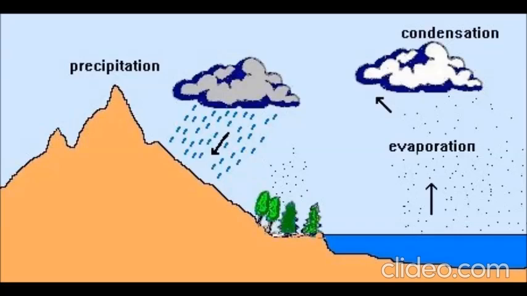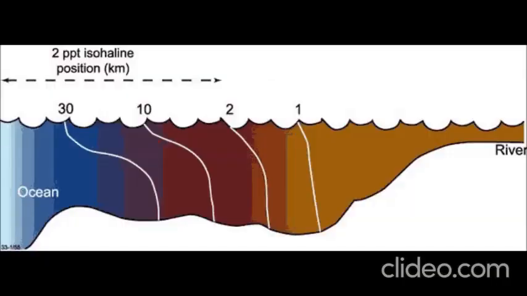Here is an interesting fact for you, Slaters. An isohaline is a line joining the points in the oceans having the same degree of salinity.